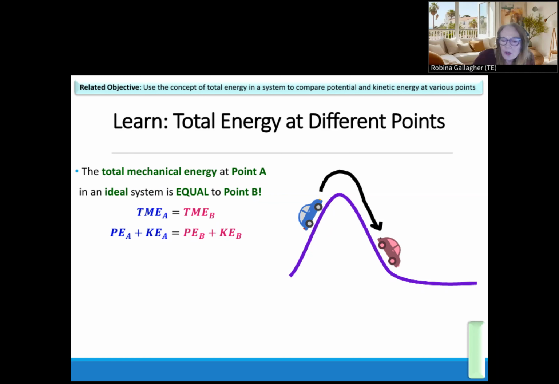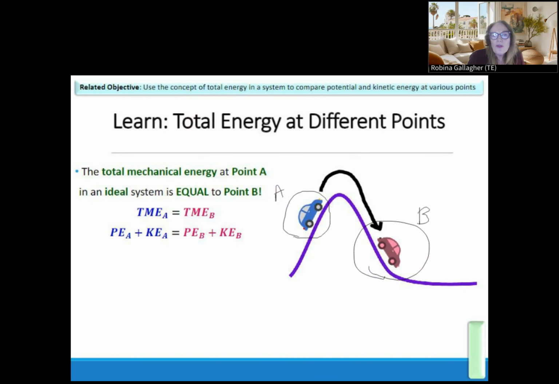The other part of total mechanical energy that comes into play is I can also break this down and say that point A is equal in mechanical energy to point B if I'm not losing any energy due to sound or friction, and it's in an ideal situation.